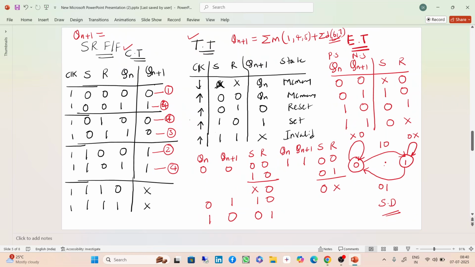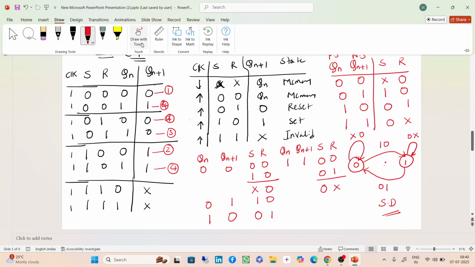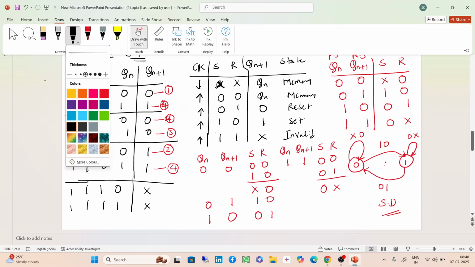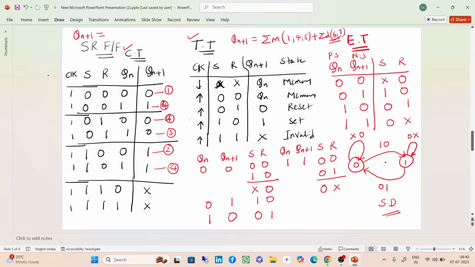If you draw the K map, you will get the characteristic equation. See, here I am drawing the K map.